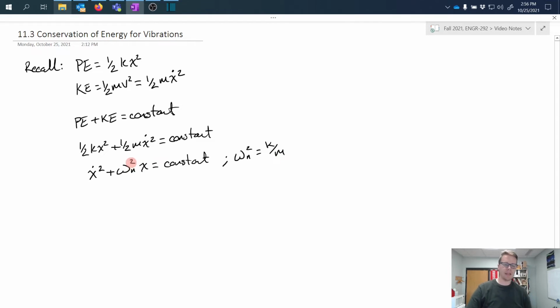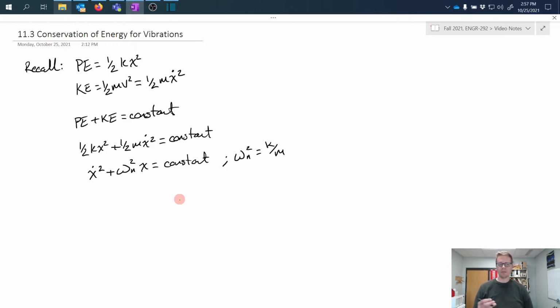So looking back, I just divided by m, and all of a sudden I have an equation that is starting to look a lot like my standard form equation for simple harmonic motion. The only difference is that it's integrated one level from my equation for simple harmonic motion, which involves x double dot rather than x dot. So we're pretty close to having the same thing.